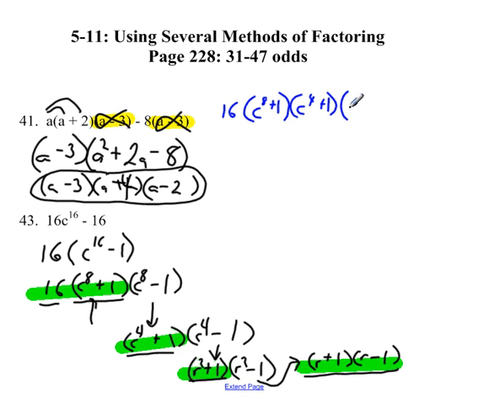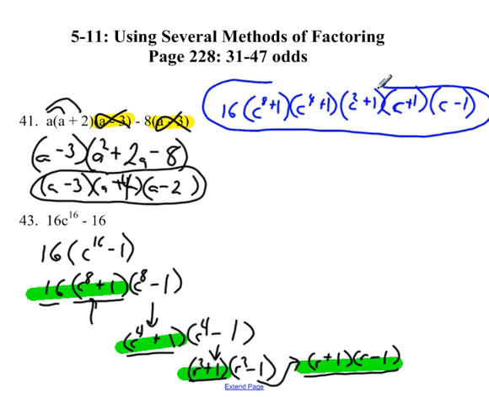And then my c that turned to an r squared plus 1. And then c plus 1, and then c minus 1 there. And so that's every part of my problem. That's my entire answer. Make sure that you don't write as sloppy as I do, and keep all the same letter in the problem. All right, that's how that works out.